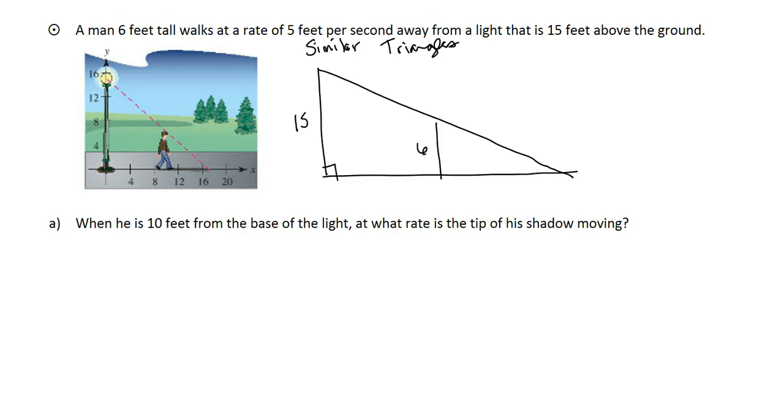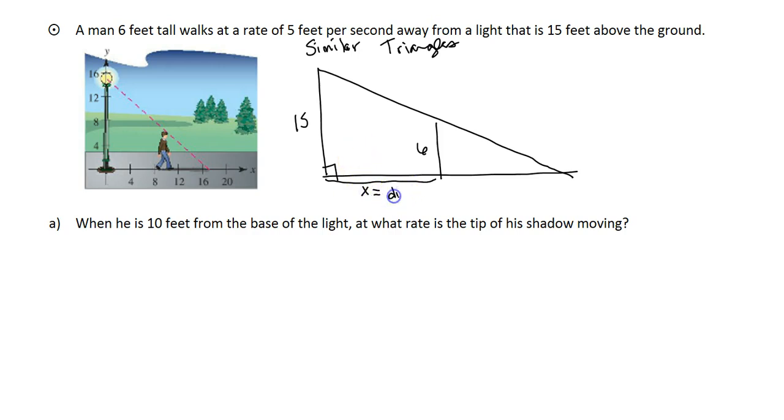So you have to kind of figure out how you want to set this information up. So we know from the beginning of the problem that he's walking away at a rate of 5 feet per second. So what that rate measures is how quickly this portion right here of the triangle is growing. So I'm going to let this be x.